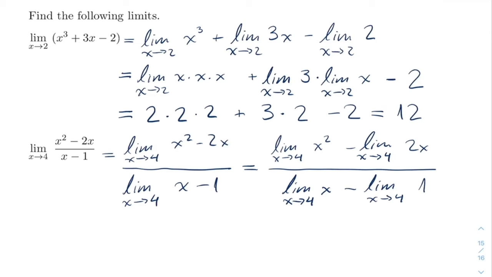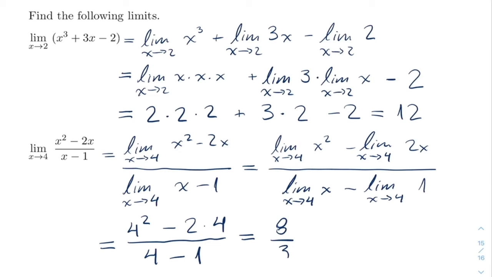Here notice that we used property number 3. So finally we can compute these limits as before, and we will get that this is 4 squared minus 2 times 4 divided by 4 minus 1, and this is 8/3.